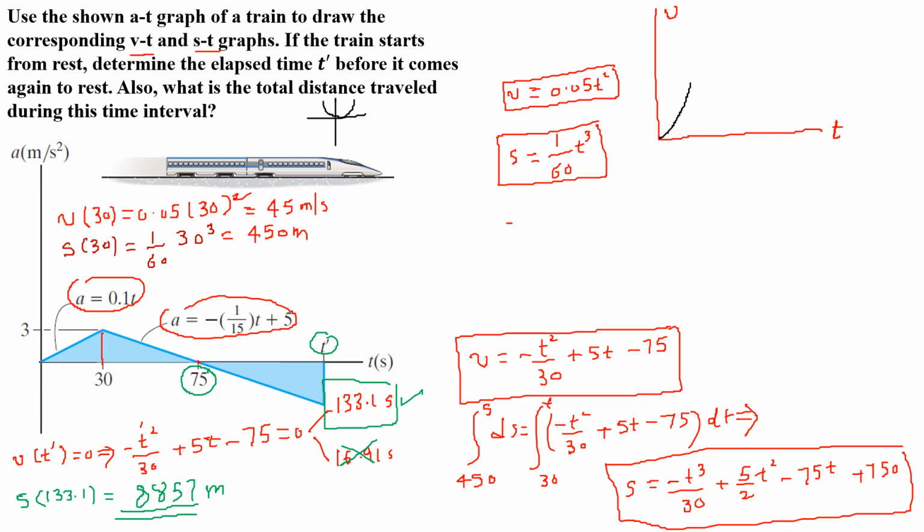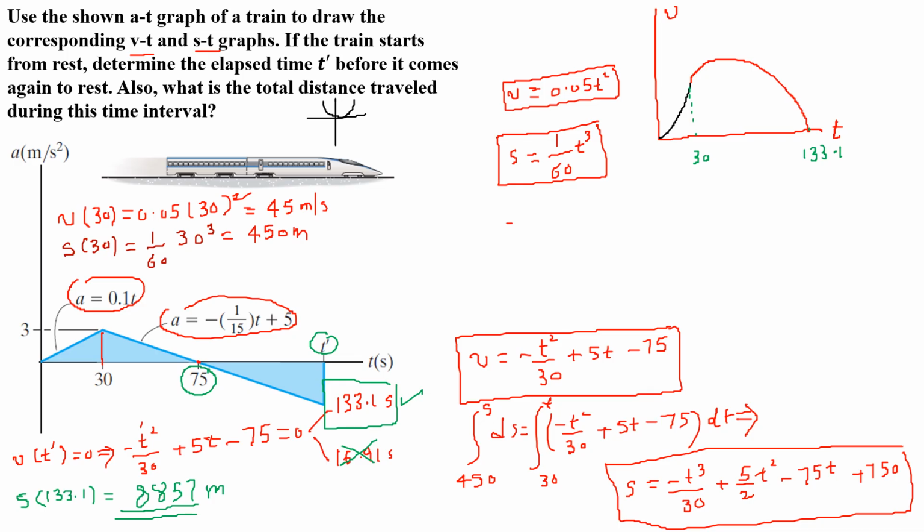That's my time here, 30, and at 133.1 we have determined that the velocity will be 0. Since this is a quadratic curve, I am going to draw it something like this, but now I'm going to come to a stop here. So that's the VT curve.